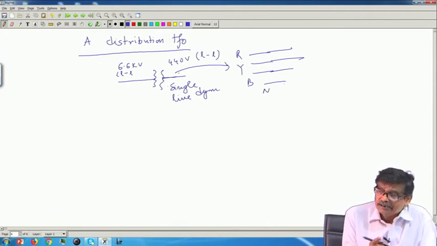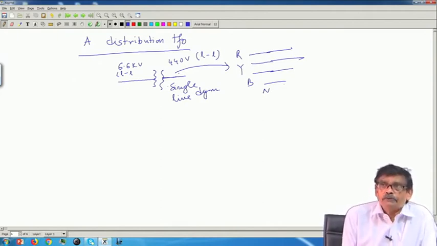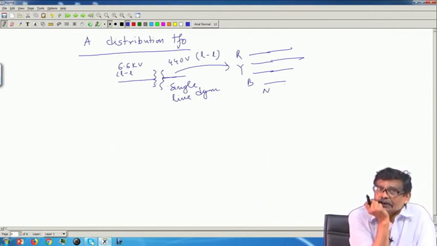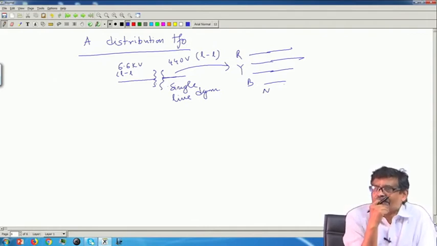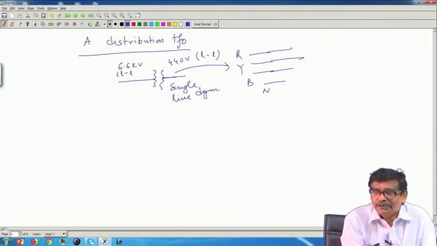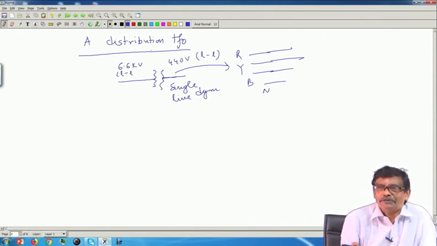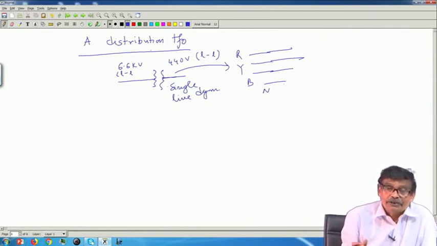But the point is, the engineers sitting in the substation will not take a decision like this, that in the midnight the load is less, therefore let me put this primary side off, so that no losses take place. No, you cannot do that.